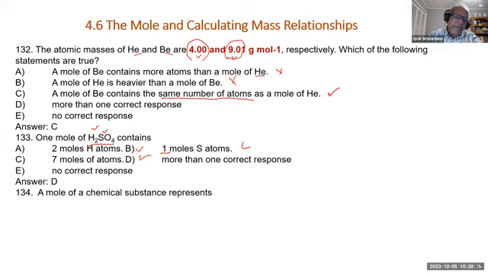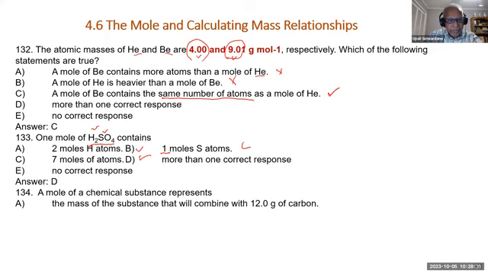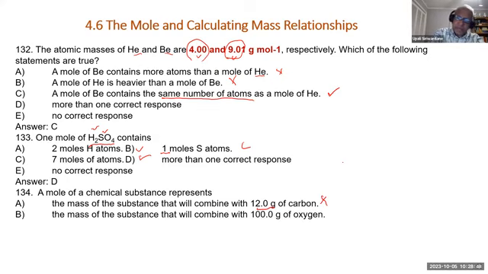Let's look at the mole concept again. A mole of a chemical substance represents the mass of a substance that will combine with 12 grams. We talk about carbon 12, but that's nothing to do with it. The mass of a substance that will combine with oxygen.